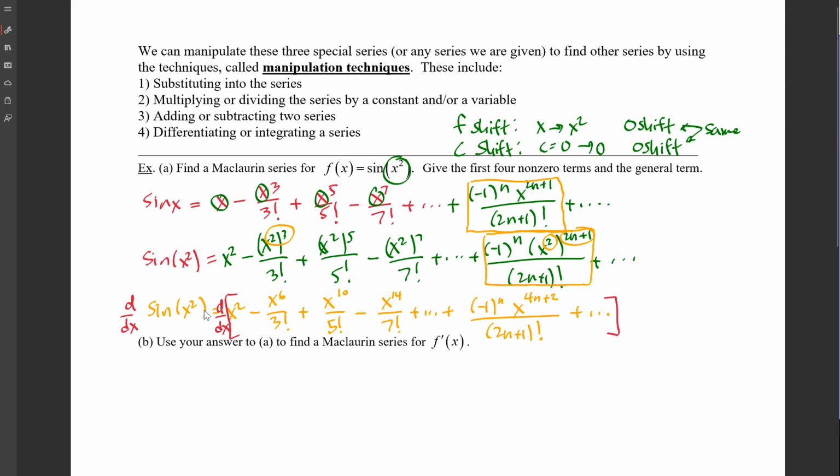The derivative of sine x squared, the derivative of sine u is cosine u du dx, right? So this derivative on the left side is 2x cosine x squared. And we know that is equal to the derivative of each of these terms. So that's 2x minus 6x to the 5th over 3 factorial plus 10x to the 9 over 5 factorial minus 14x to the 13 over 7 factorial plus dot dot dot plus, okay, the alternating part doesn't change, so I'll leave it as negative 1 to the n.